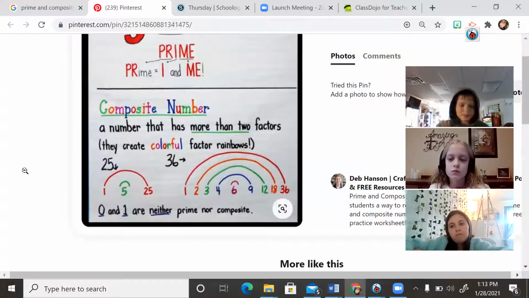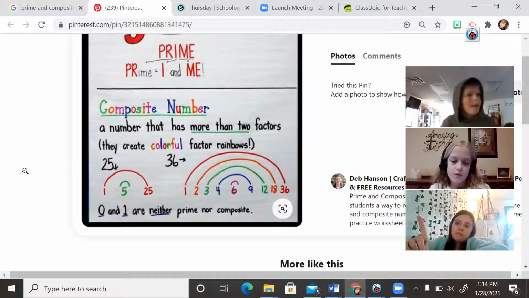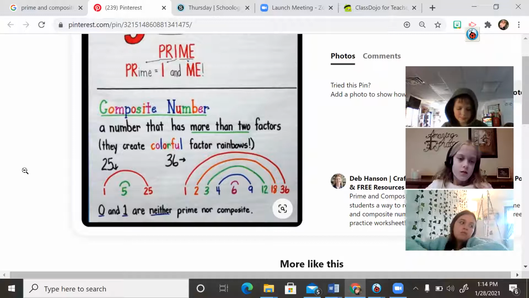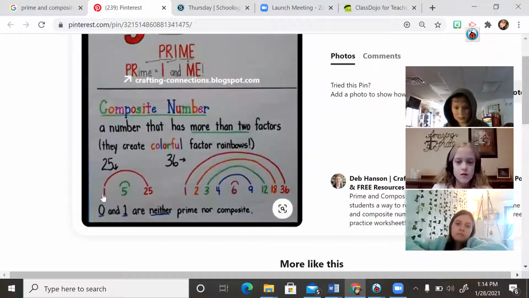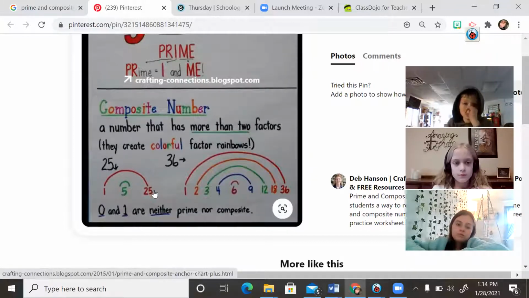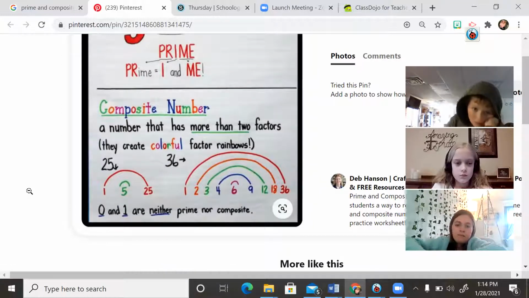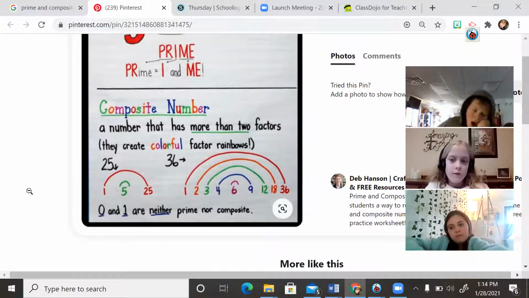Every number will have what as a factor? 1, because all numbers can be multiplied by 1 and itself. So if you look here, we have 1 times 25 equals what, Ilea? 25.